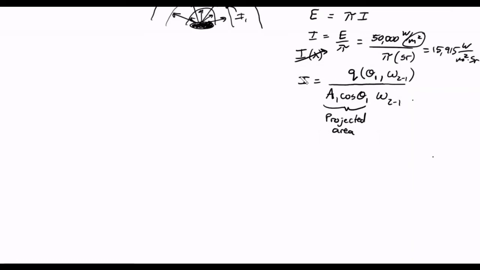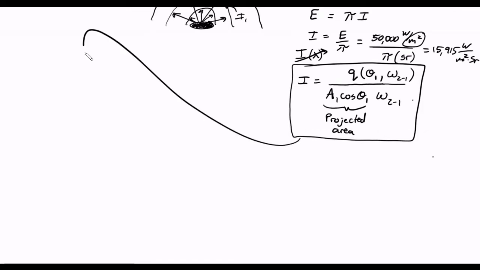Okay, so you see this is our real definition of intensity, and what's great is we can actually find these bottom terms, multiply it by the intensity we just found, and get Q. All right, so let's do that. We'll start with the solid angle.